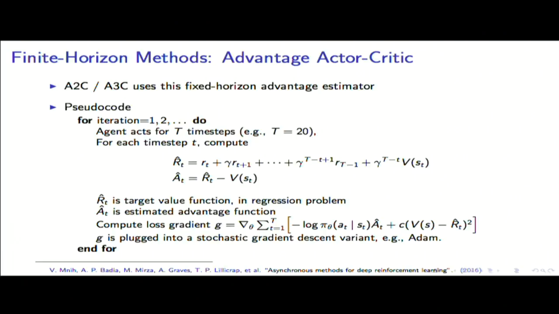And you also compute, so you have an estimator of the advantage and an estimator of the returns. You can use this advantage estimator to do your policy gradient, and you can use the returns estimator to update your value function. So what you do is you compute the gradient of the whole loss by just adding these together and taking the gradient.